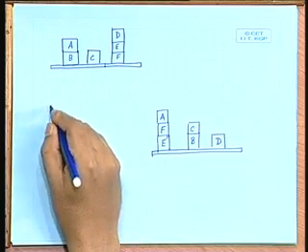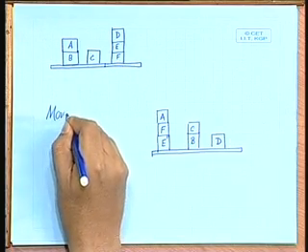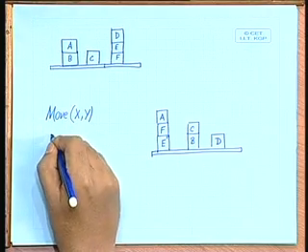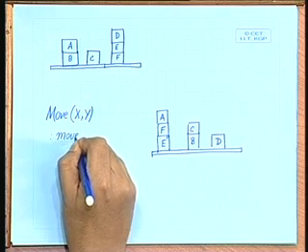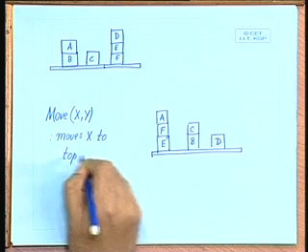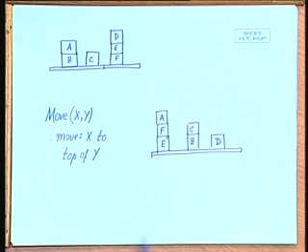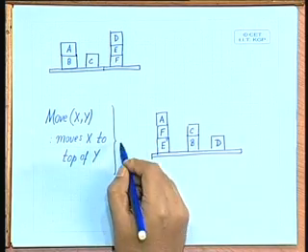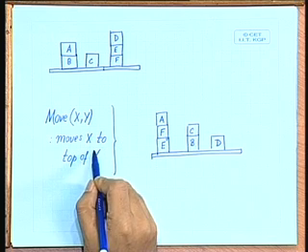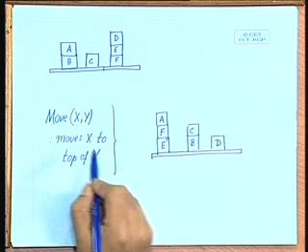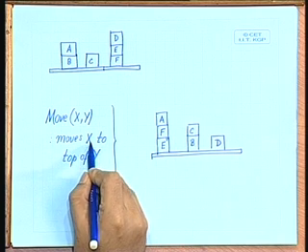I can move x on top of y, which moves block x from where it is. Now there is a precondition of this action, and the precondition is that there should be nothing else on top of y, and also there can be nothing on top of x.